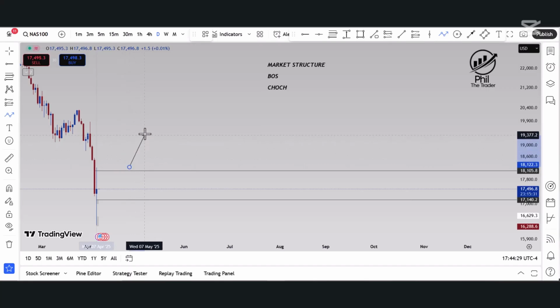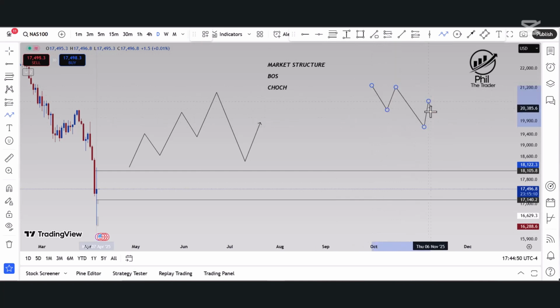So let's take a trending market, right? For example, this particular example here, and let's also take another trending market, so that the market trends either to the downside or to the upside, right?